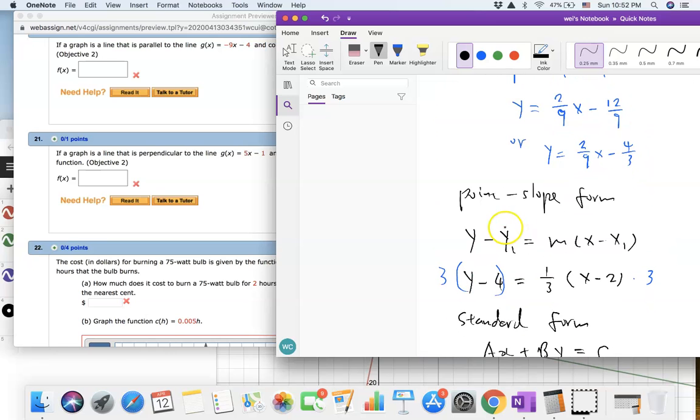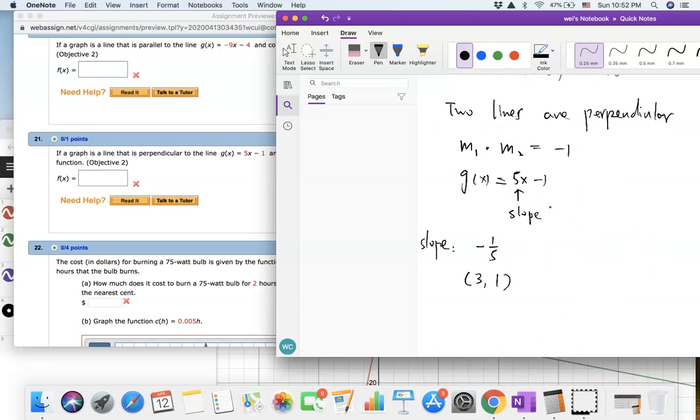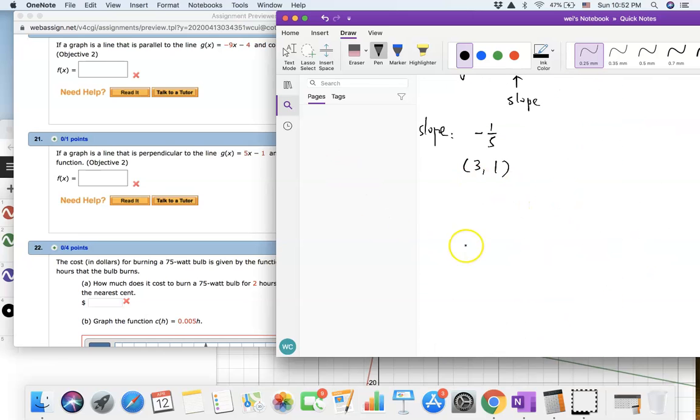if we use the point-slope form, then we can find the equation. So y minus 1 equals -1/5 times (x minus 3).